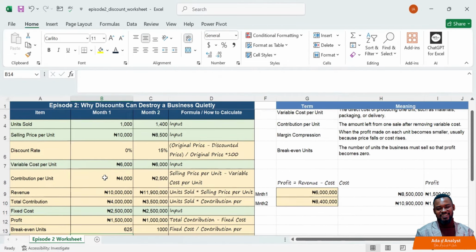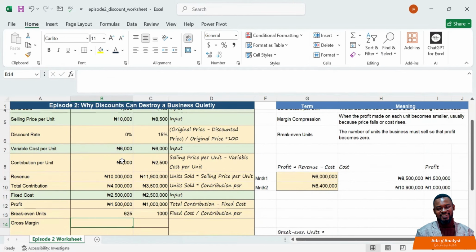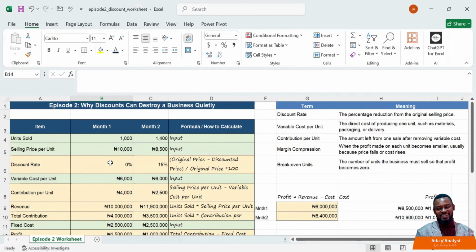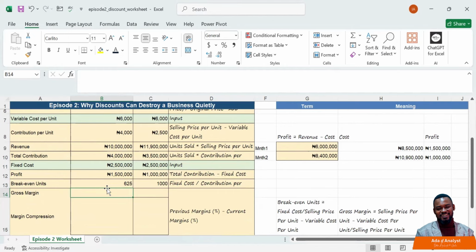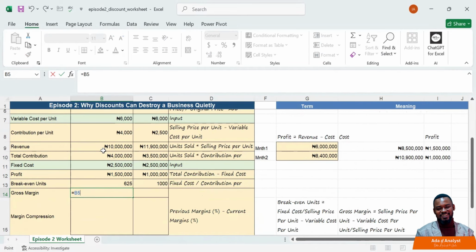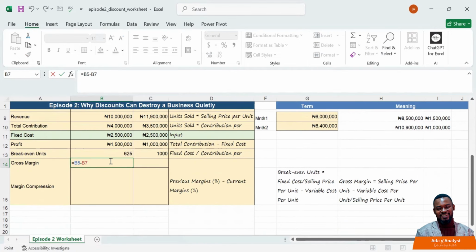So our selling price per unit is 10,000, while our variable cost per unit is 6,000, divided by that same selling price. So we say equals, open parentheses, selling price per unit, 10,000, minus variable cost per unit, 6,000.